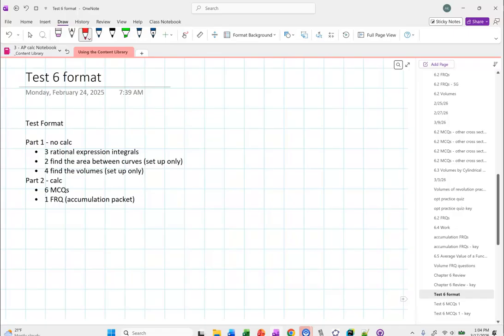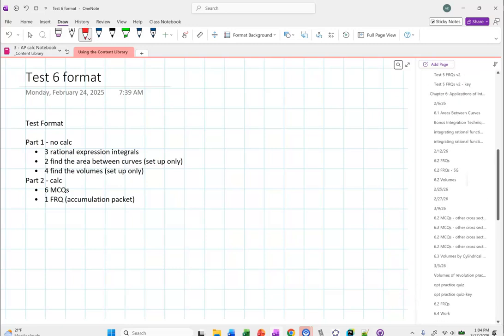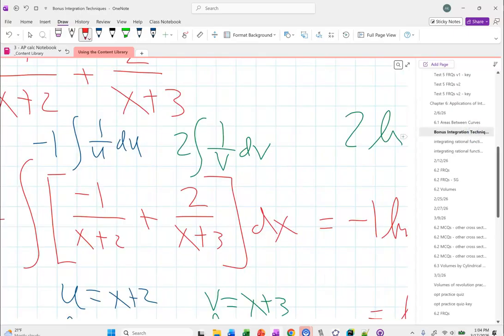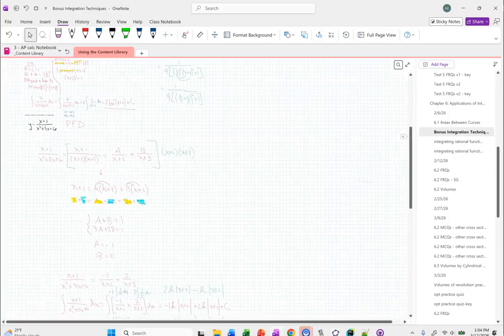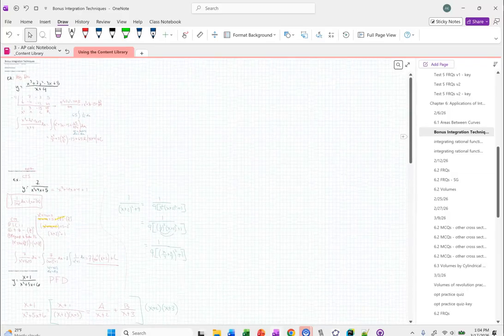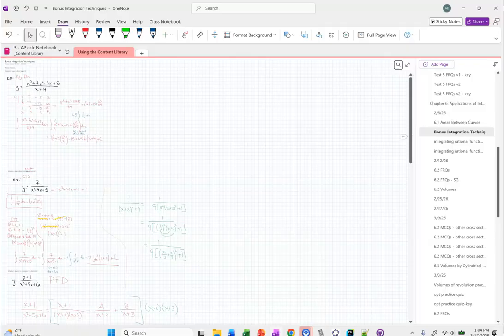Timeline feel all right? In terms of what we're doing, pretty clear as to what's due when, what's still kind of coming. I would point out to you guys that this bonus integration techniques notes will be quite helpful to you for the take-home piece and for studying for part 1.